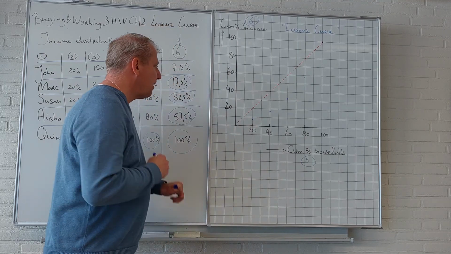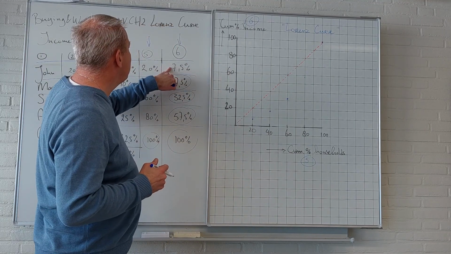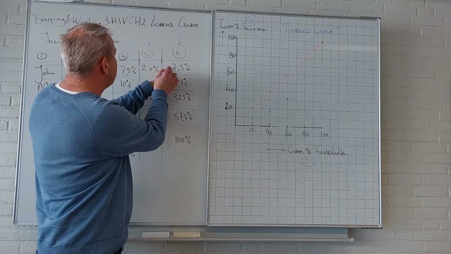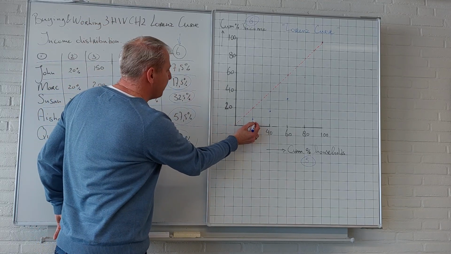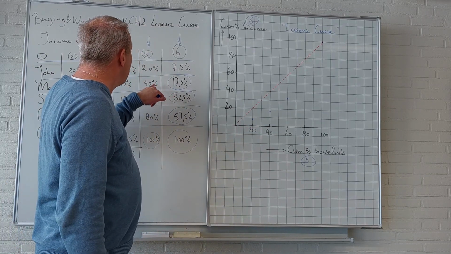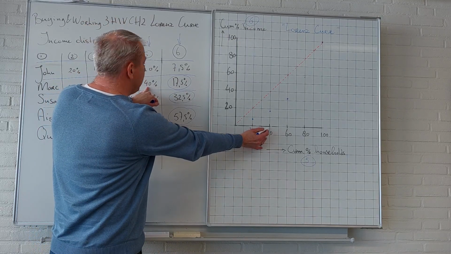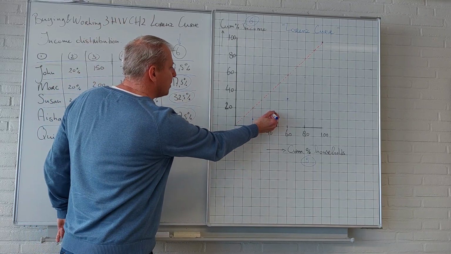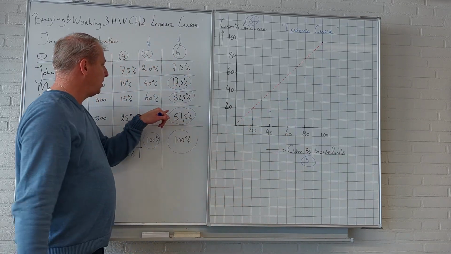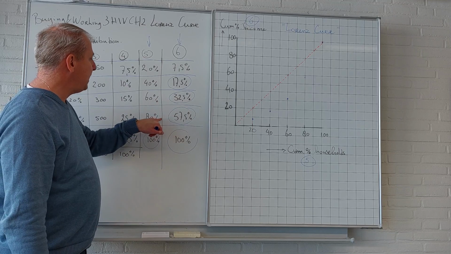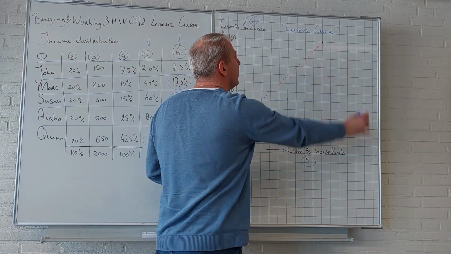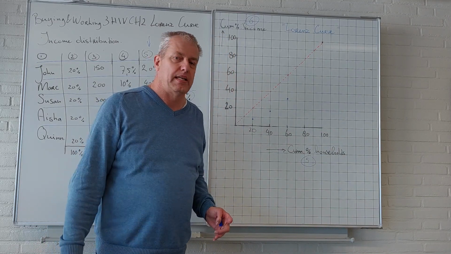So what you have to do now is you have a look at column number 6 and you say 20% earns 7.5%, which is here. So you put a dot there. 40%, which is here, earns 17.5%, which is there. 60% earns 32.5, 80% 57.5, and 100% earn 100% of all the money, obviously.